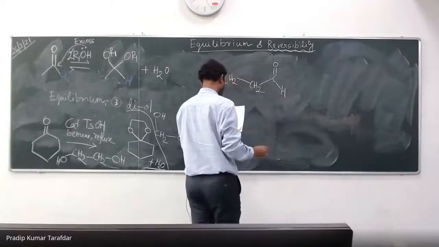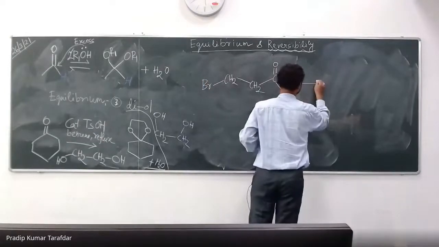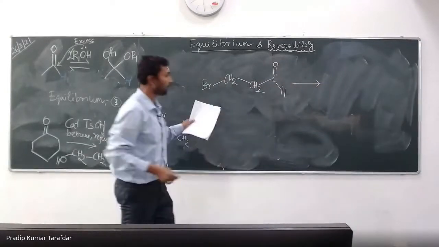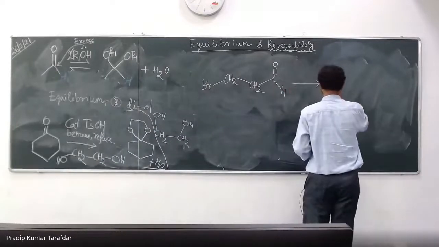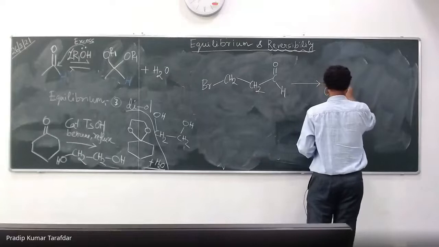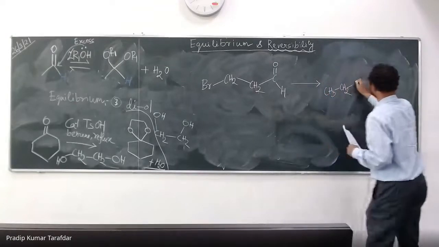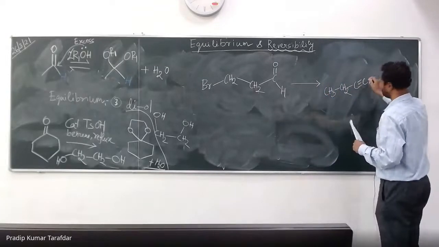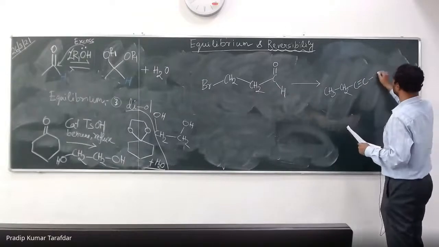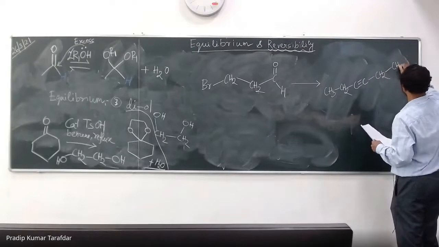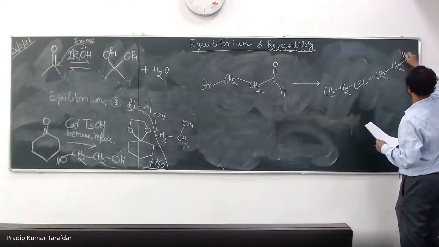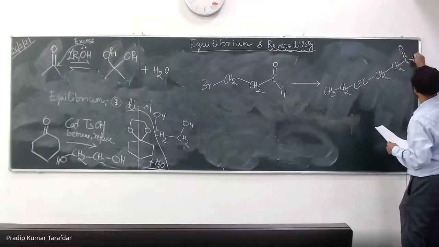This is my starting molecule, and I want to make CH3CH2-C triple bond C-CH2CH2-C double bond O-OH.